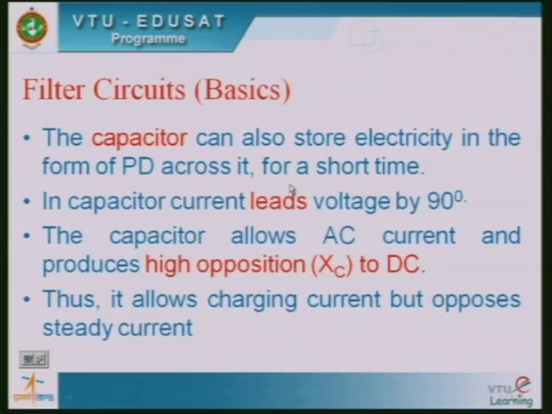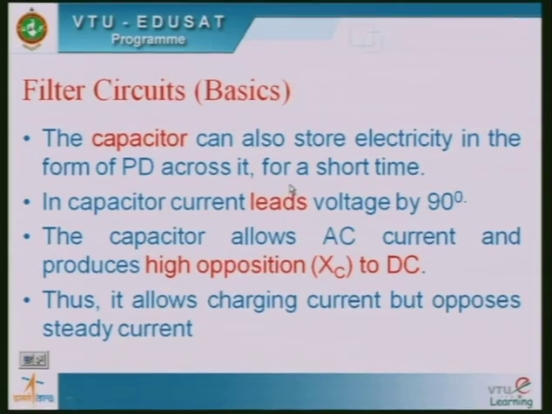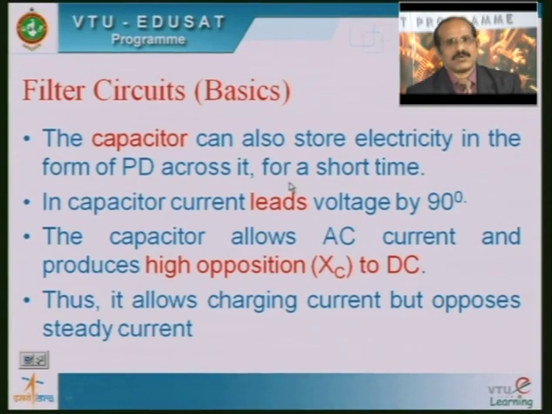Apart from the inductor, a capacitor can also be used as a filter, mainly to remove the ripple content of the DC output voltage. The capacitor can also store electricity in the form of potential difference across it for a short time.